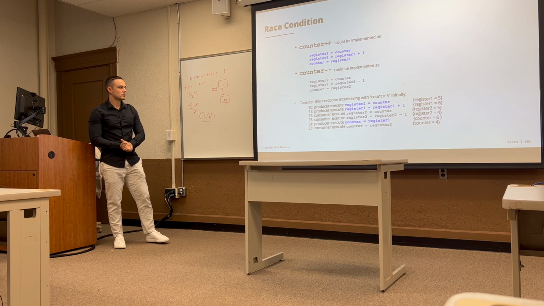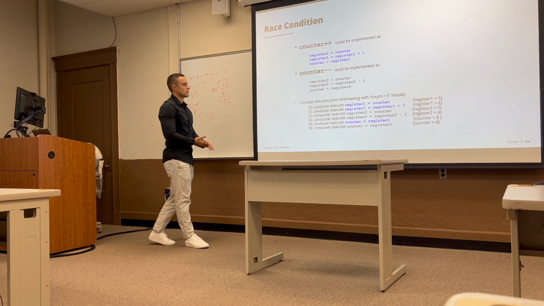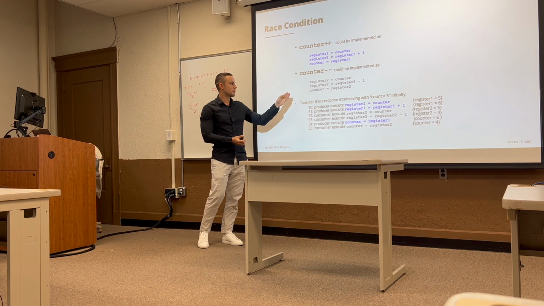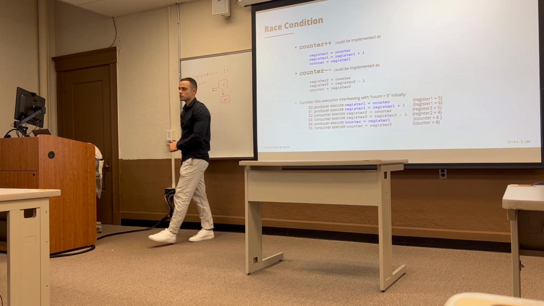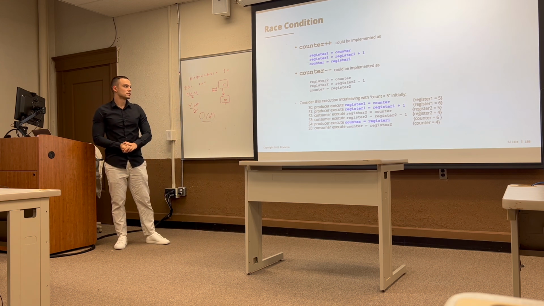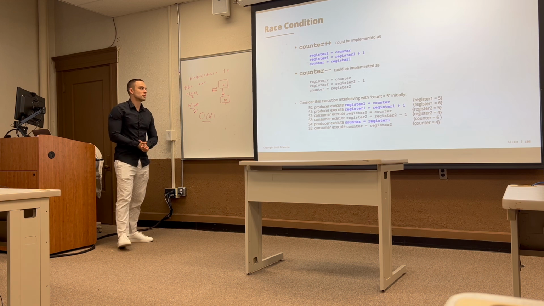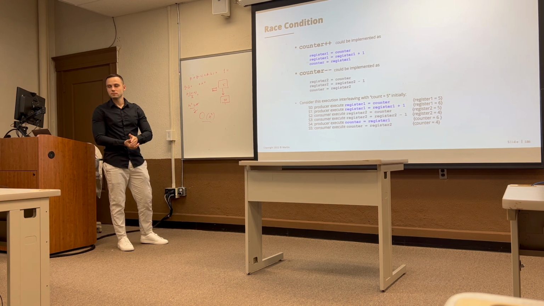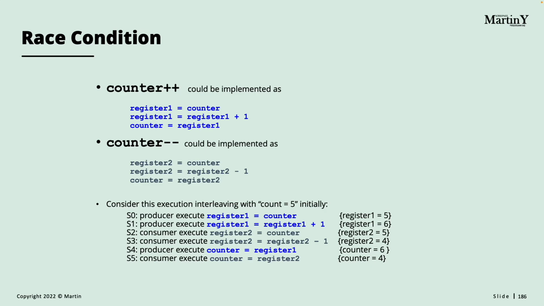And in the opposite way, we're going to send the other, consumer process to the register. So register 2 equal to counter, register 2 equal to register 2 minus 1. Okay, so we decrement, and then the counter is equal to register 2. So that way we update the register and we update the counter.